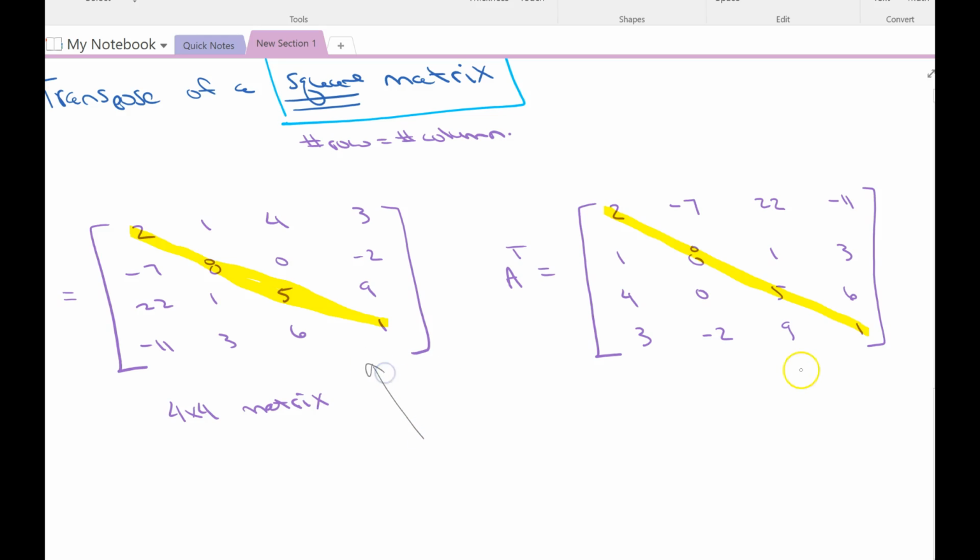The main diagonal of a square matrix goes from top left to bottom right. But what's interesting is in a square matrix, the main diagonal stays the same. And also, do you notice this little property here? Look what happens. Terms reflect over the diagonal.